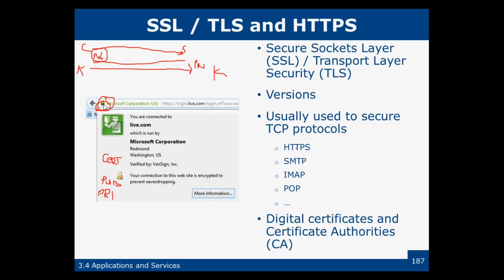Protocols used to secure TCP protocols: HTTPS, SMTP, IMAP, POP. I don't know why it says these. Okay, SSL, I got it, SSL secures these. HTTPS got me going here because it's the secure HTTP. SMTP, all these email protocols are by default not secure.